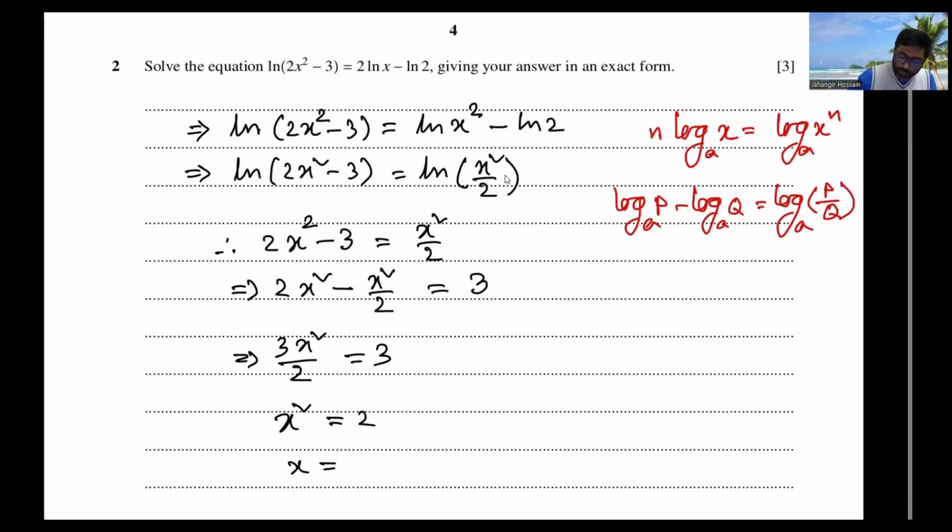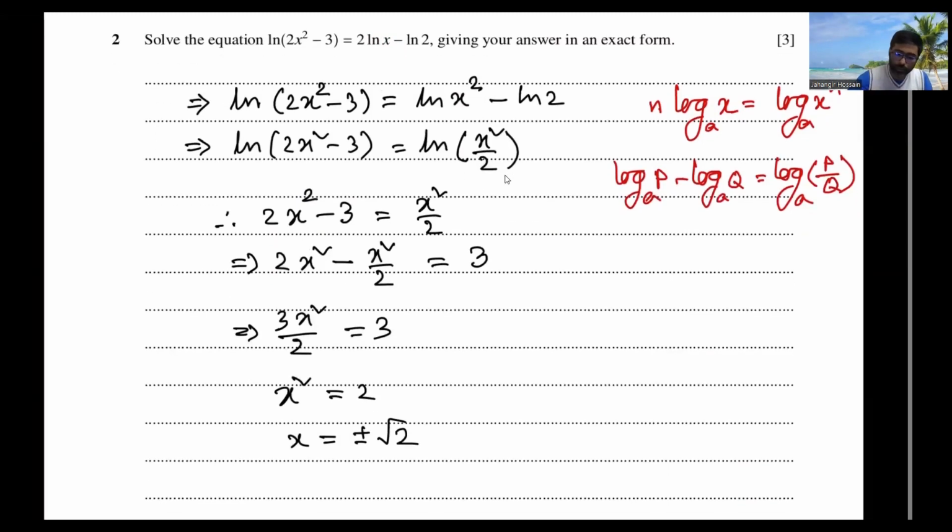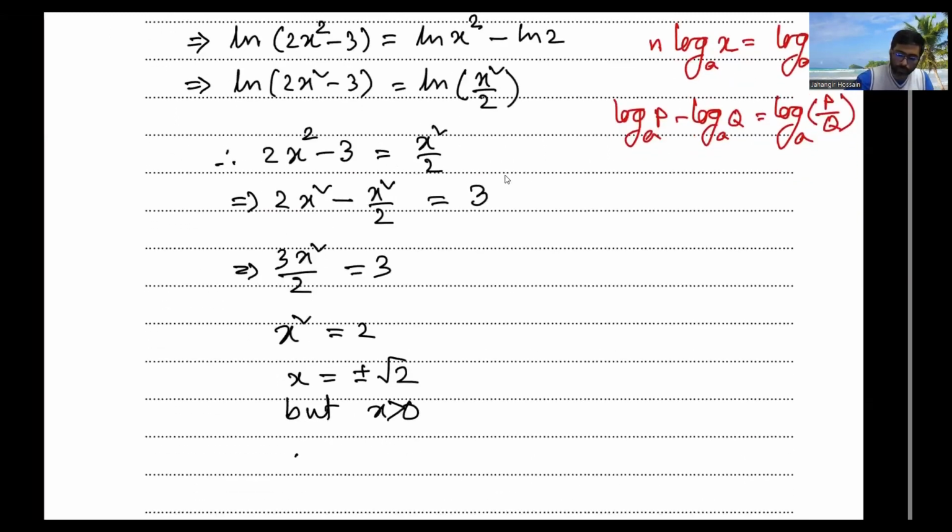Now x can be plus or minus square root of 2. But remember, x is the variable of the log. It should be positive. It cannot be negative. So x greater than 0, so x equals root 2.